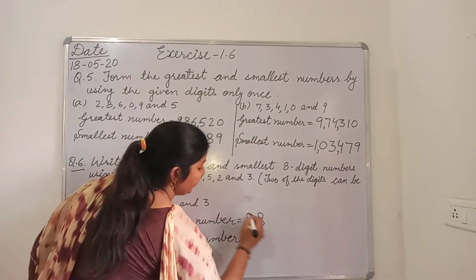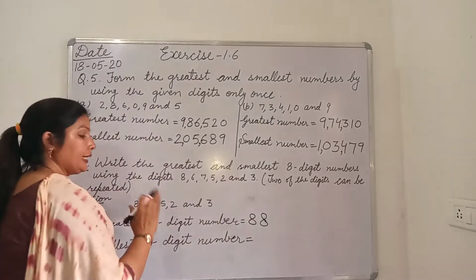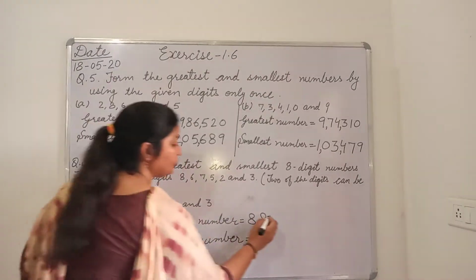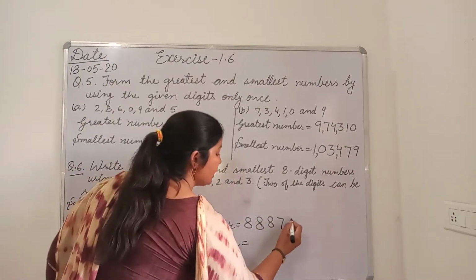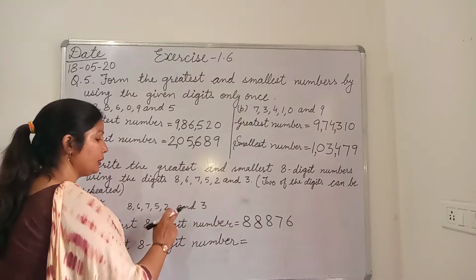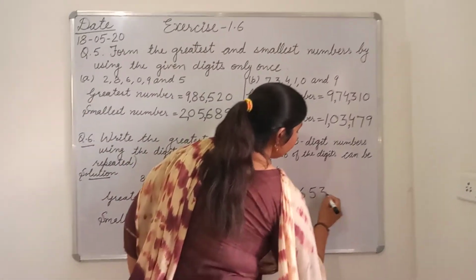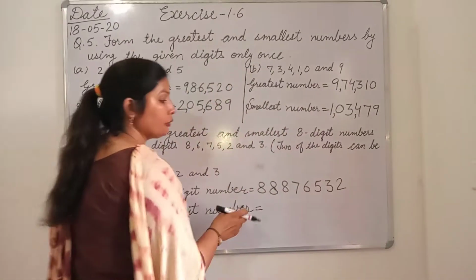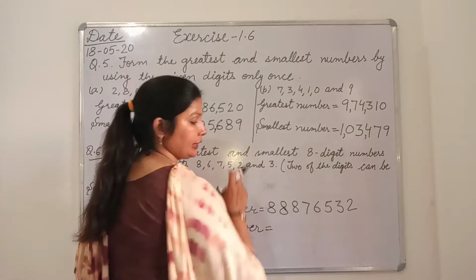Now 8, 8. 2 times we have repeated and now we should arrange them greater to small. So 8, then 7, then 6, then after 6, 5, then 3, then 2. Now you can count 1, 2, 3, 4, 5, 6, 7, 8 digits.